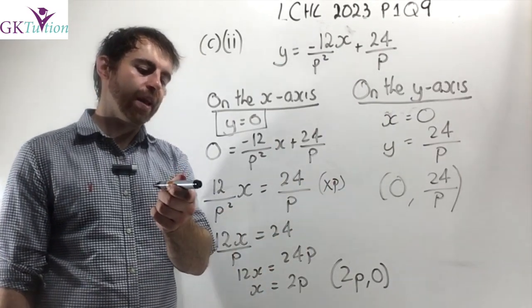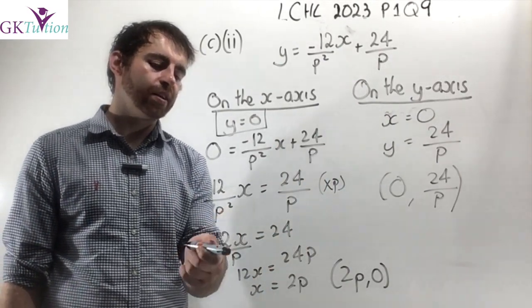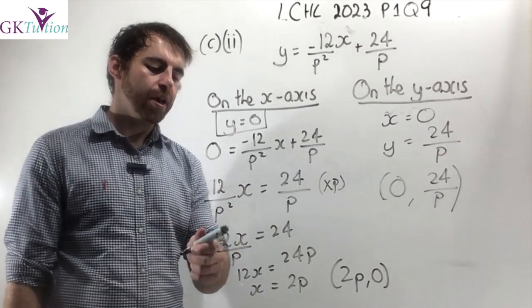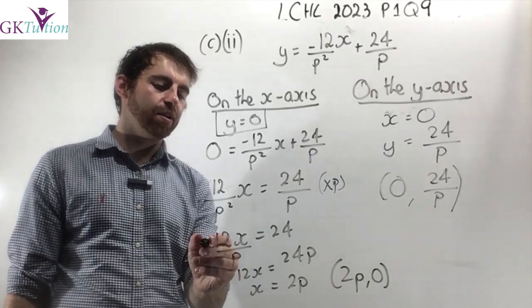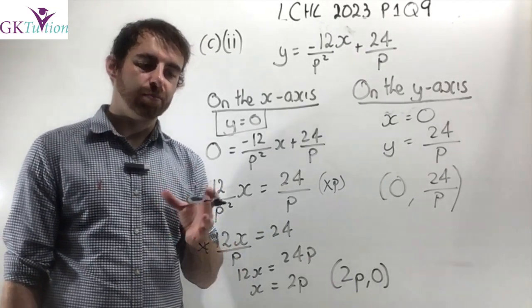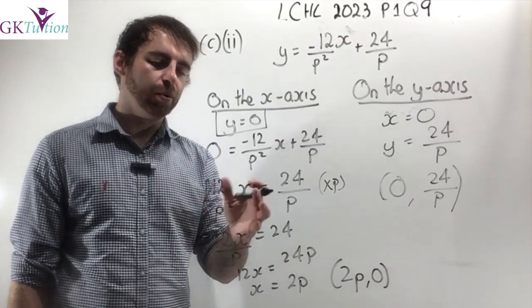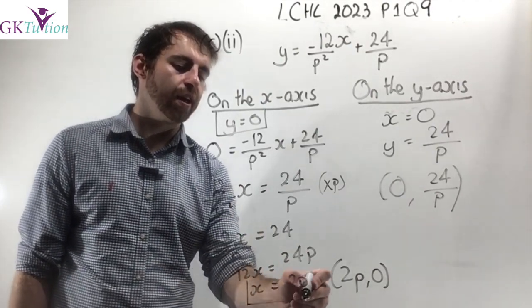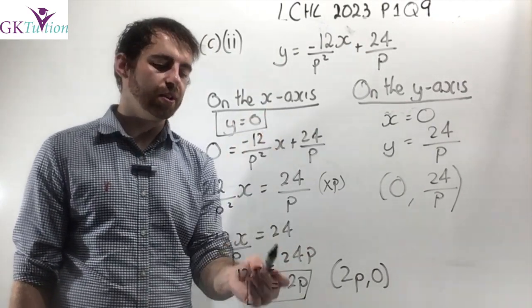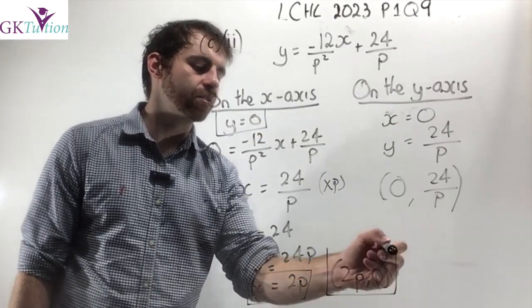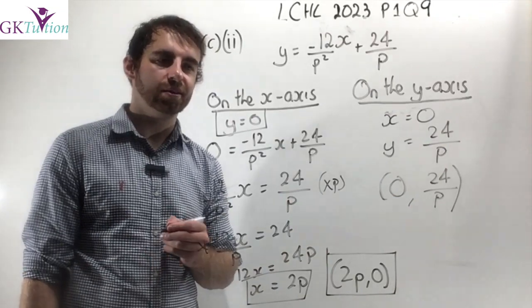Because if you multiply the left by p, you end up with 12x over p. If you multiply the right by p, you end up with 24. Then to get rid of the fraction on the left, I multiplied by p, and I get 12x equals 24p. Divide both sides by 12, and I worked out that when the y value is 0, the x value is 2p. In other words, the x-intercept for this line is (2p, 0).